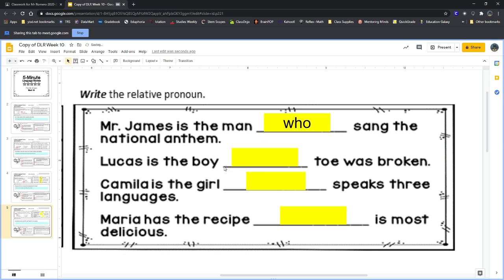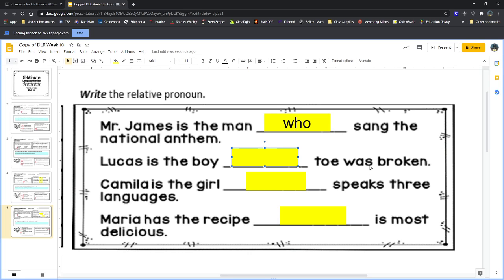Violet, what would you say? For the second sentence, who is close, but I can't use who there. Lucas is the boy blank toe was broken.